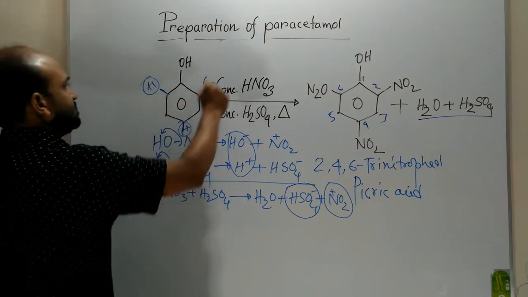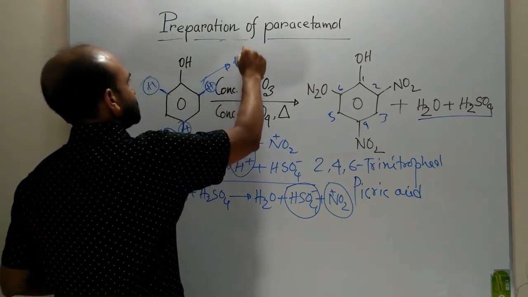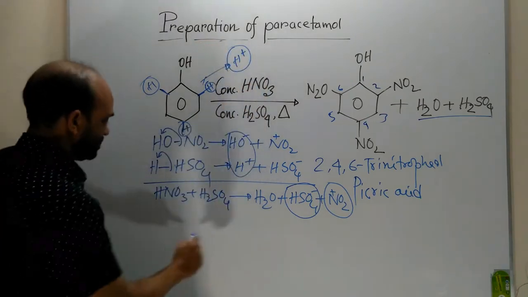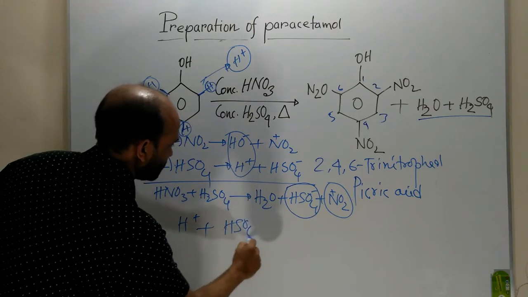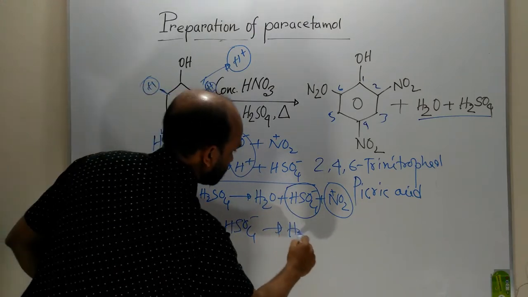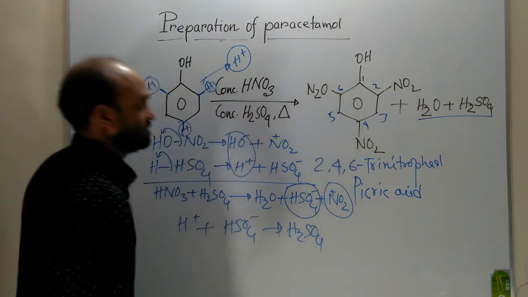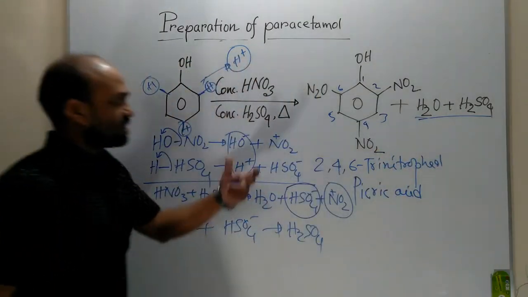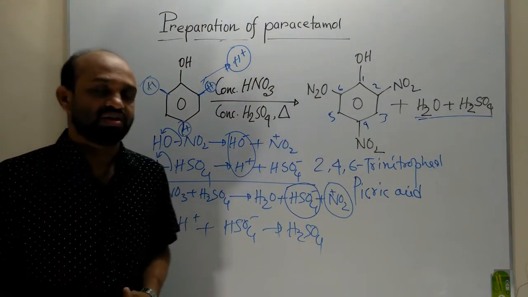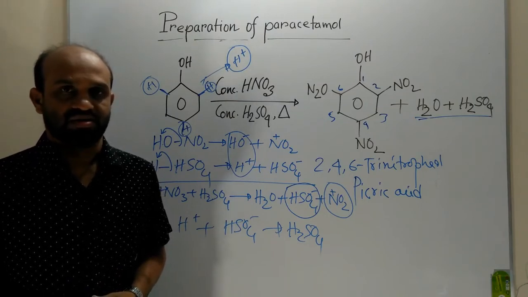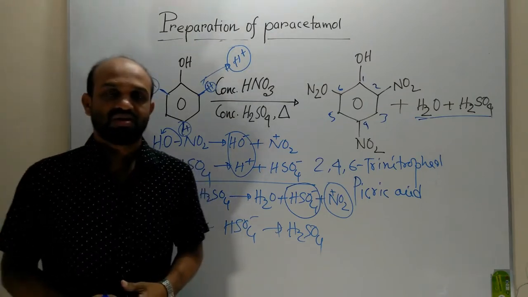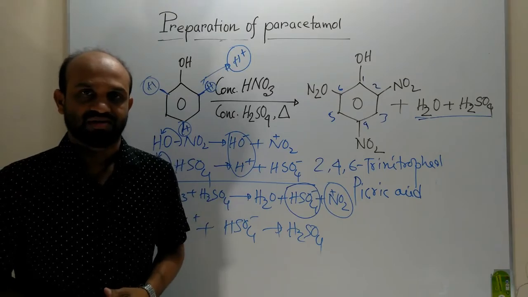This proton is added to bisulfate ion and forming sulfuric acid and water. This sulfuric acid is actually acting here as dehydrating agent. So this is the point to be kept in our mind.